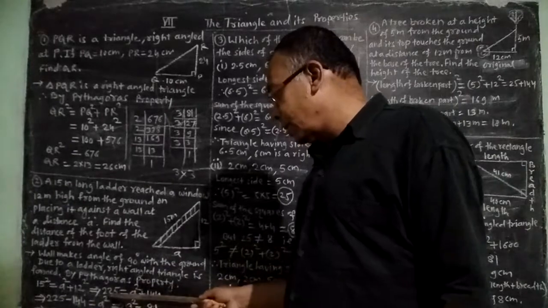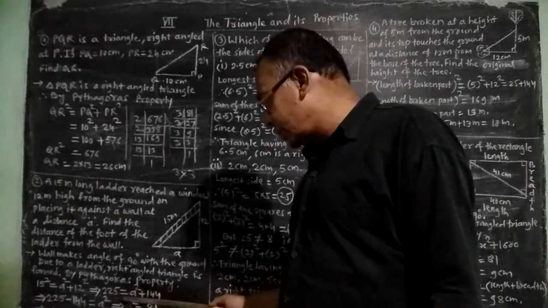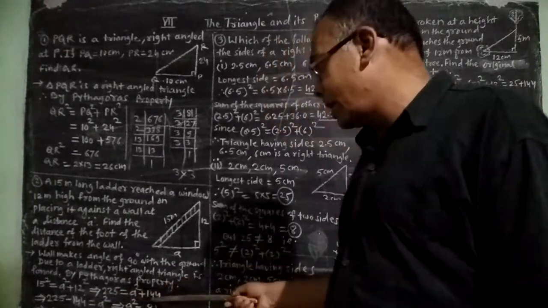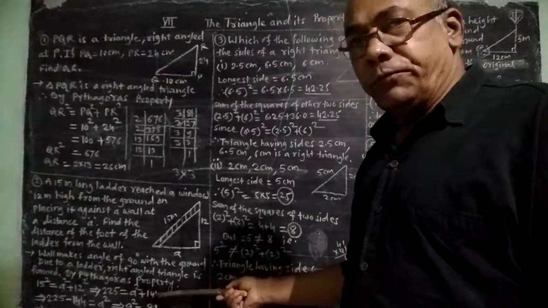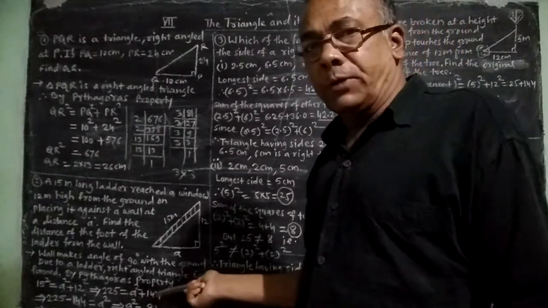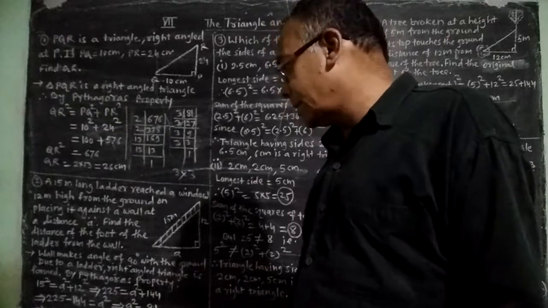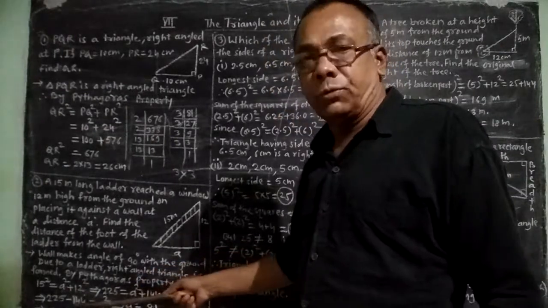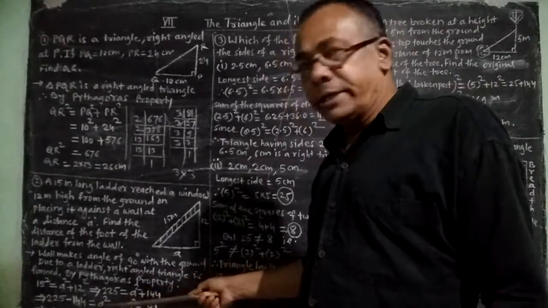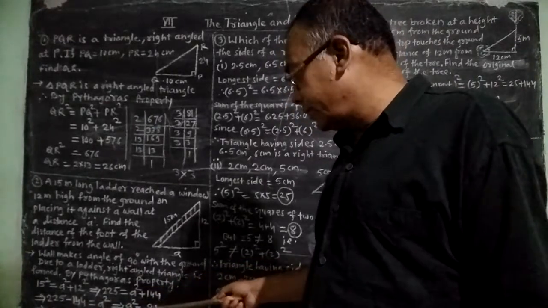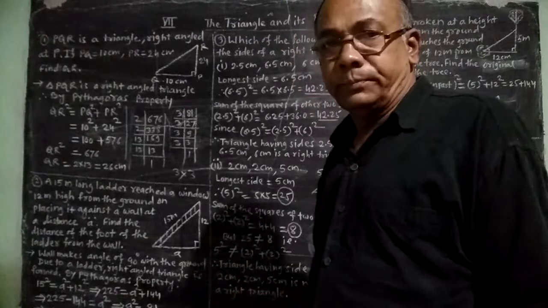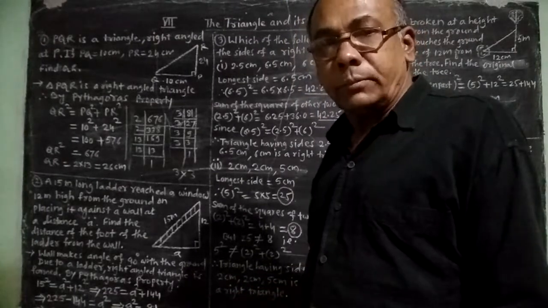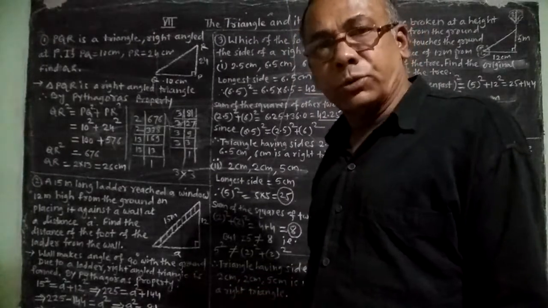15 square is 225, which is equal to a square plus 12 square, which is 144. If we take 144 to the left, then it will be subtracted. So 225 minus 144 is equal to a square, and therefore a square is equal to 81. Again we have to find the square root on both sides.